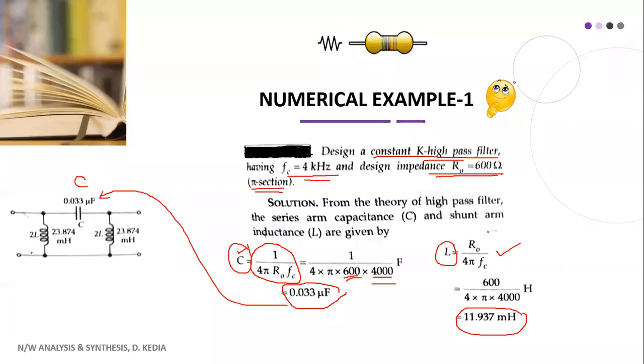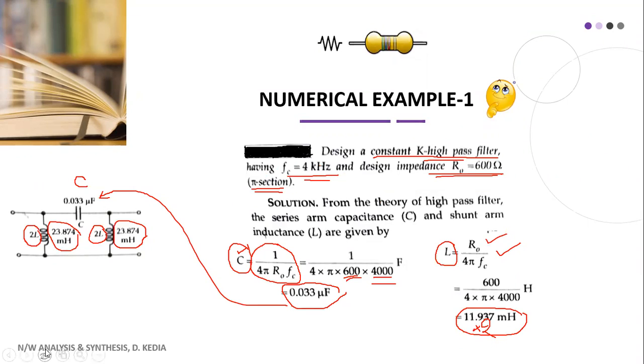Then for the pi section, we had the value 2L here, and we have obtained L. So for 2L, we need to use 2 times this, which comes out to be around 24. So this has come 23.874, similarly here. And you got a high pass filter of the type constant K.